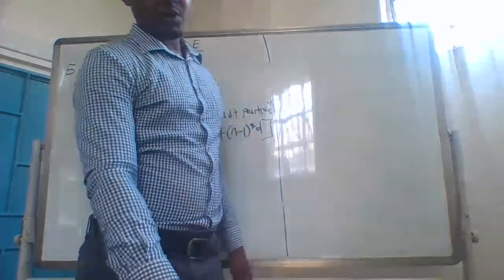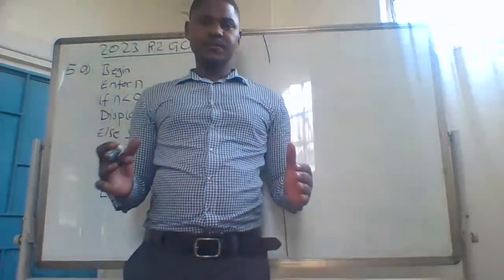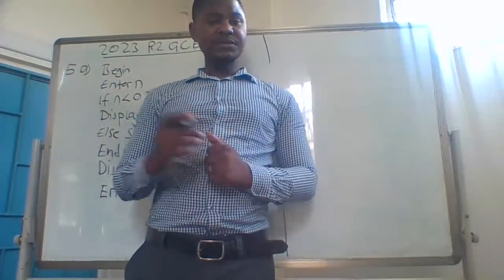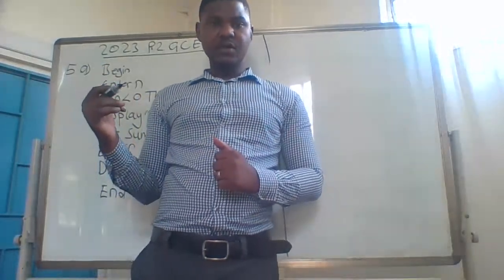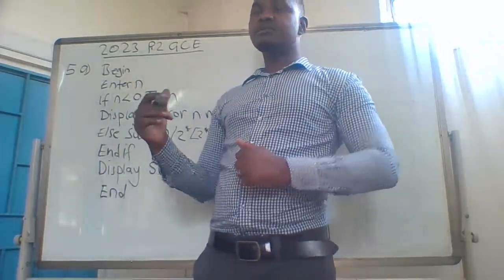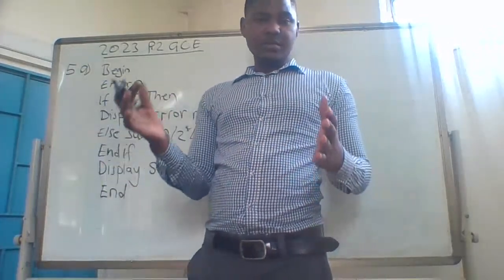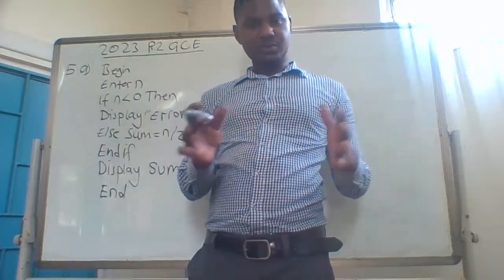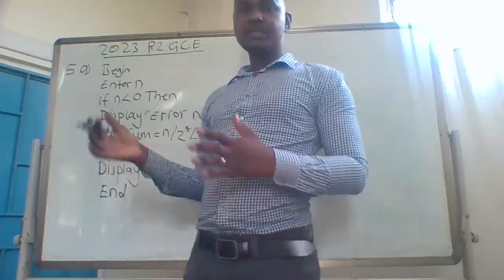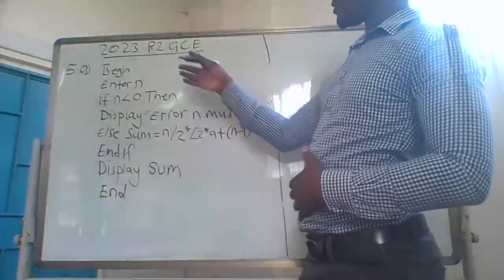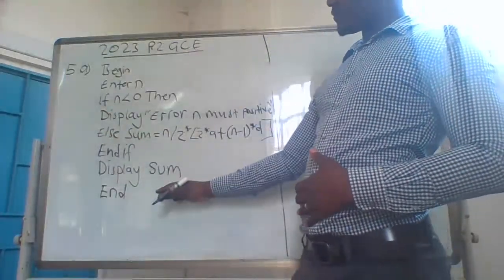So you are able to clearly see that what is going on here is that the first question we were given was talking about a flowchart, making a pseudocode which corresponded to the flowchart that we were given. But in this case, we have been given the pseudocode itself.